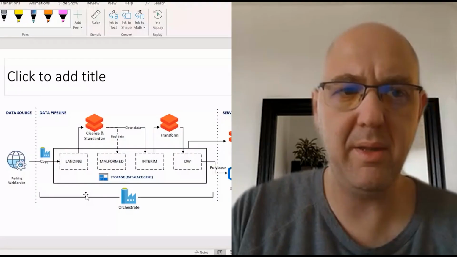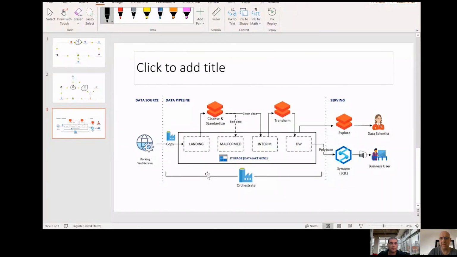Another thing I would like to share with you is some other ideas about how to save money. If we look at the data pipeline, all of our customers have elaborate data pipeline processes that load the data, do some transformation, and maybe hand it to a data scientist.